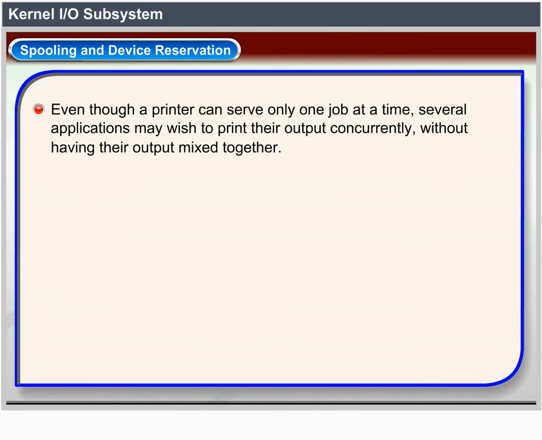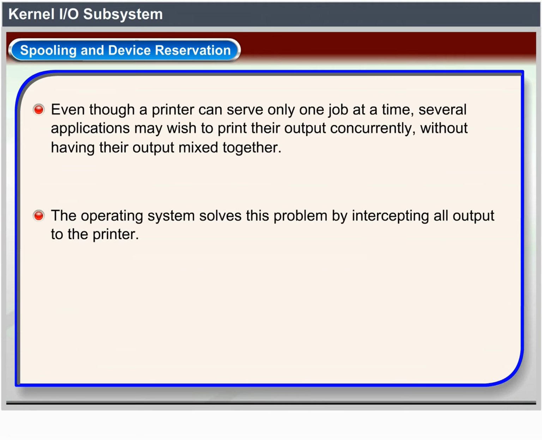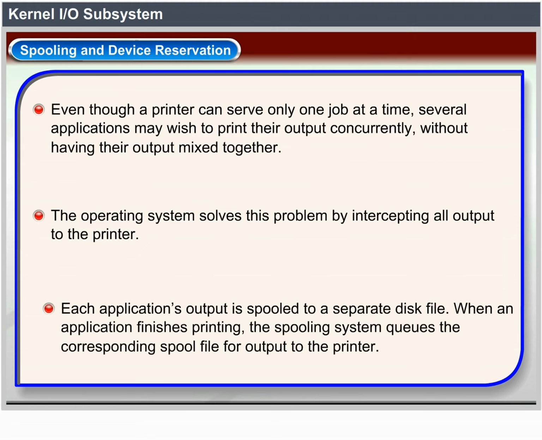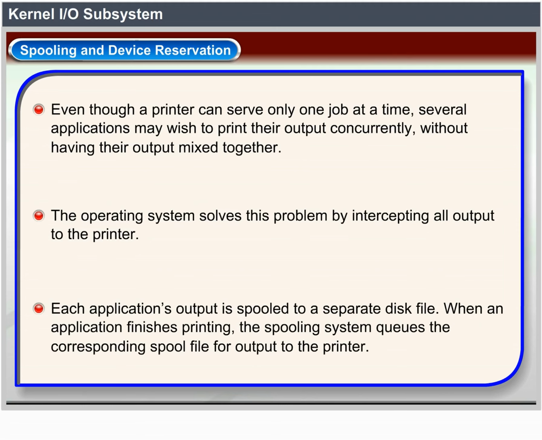The operating system solves this problem by intercepting all output to the printer. Each application's output is spooled to a separate disk file. When an application finishes printing, the spooling system queues the corresponding spool file for output to the printer. The spooling system copies the queued spool files to the printer one at a time.